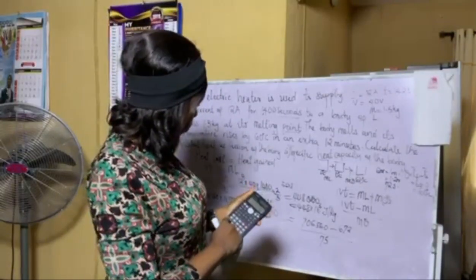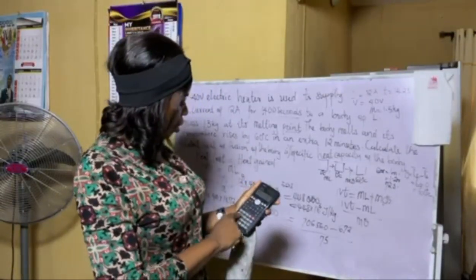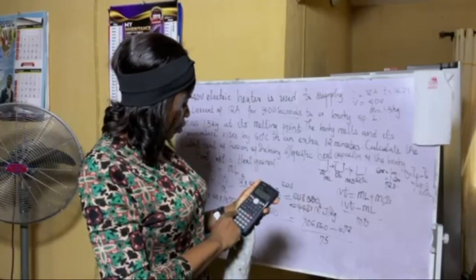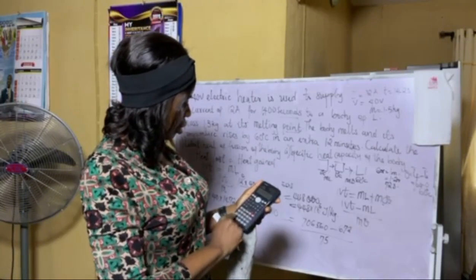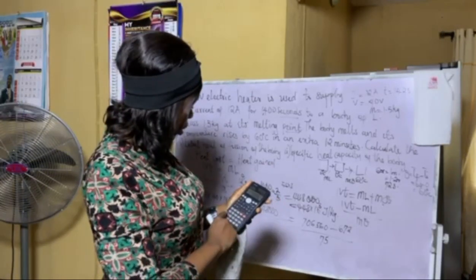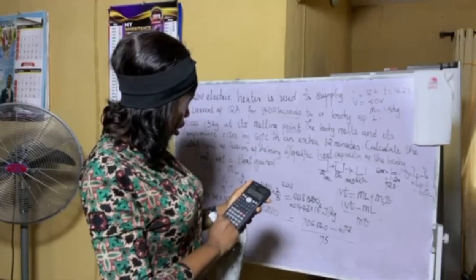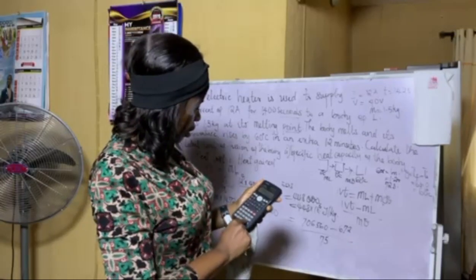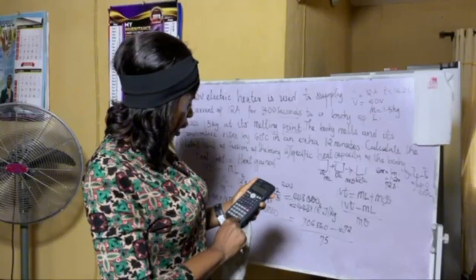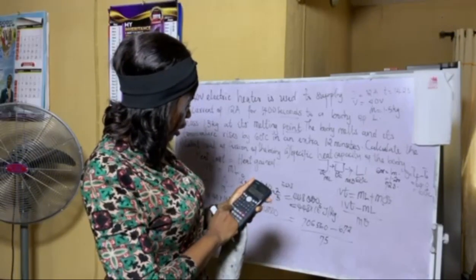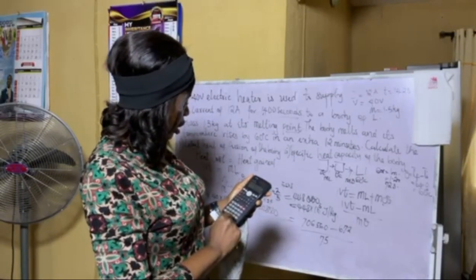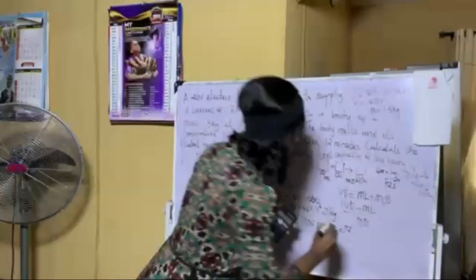So let's go back. We say 1.5 times 448,000. Yes, so I have 706,560 minus answer, divided by 75.